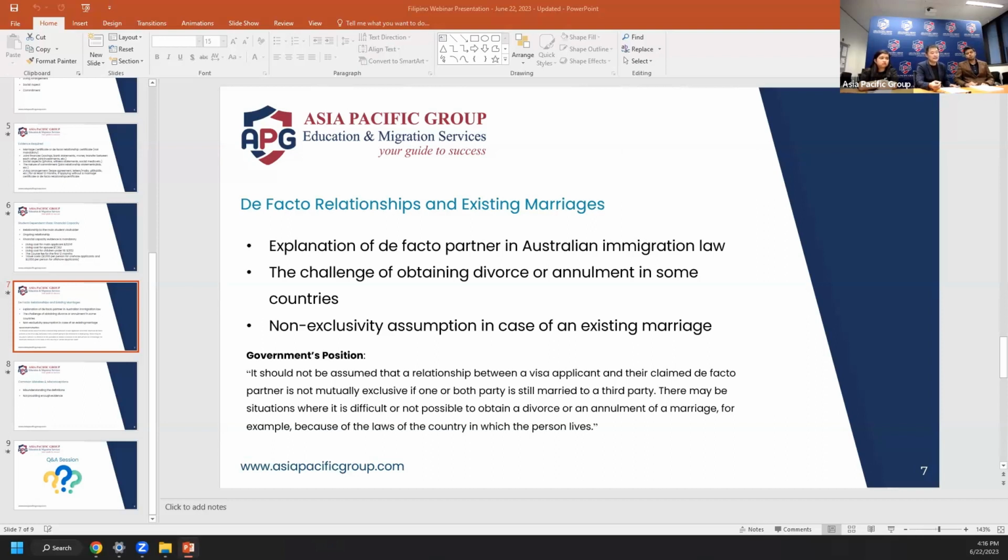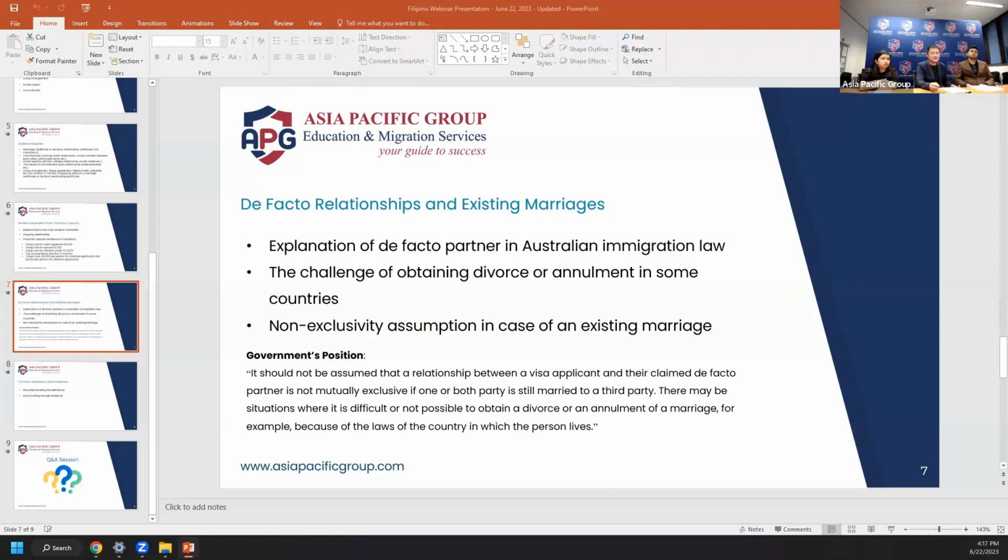And we have the government's position here. This is the exact policy quoted from the policy book, and it reads as: it should not be assumed that the relationship between a visa applicant and their claimed de facto partner is not mutually exclusive if one or both parties is still married to a third party.